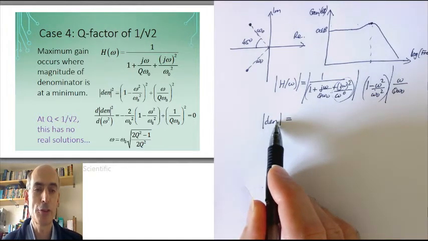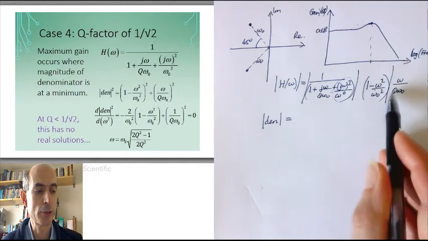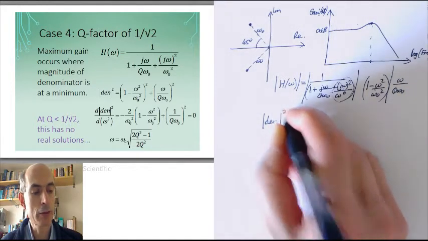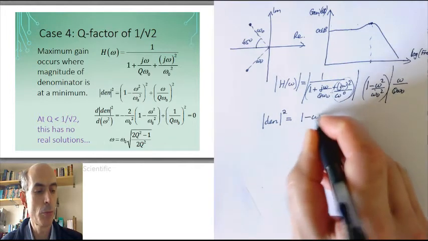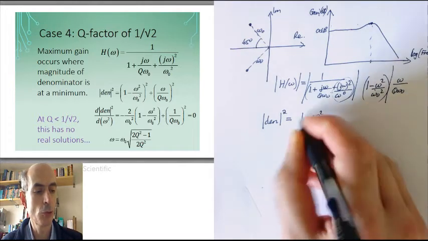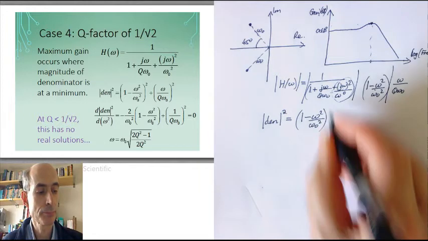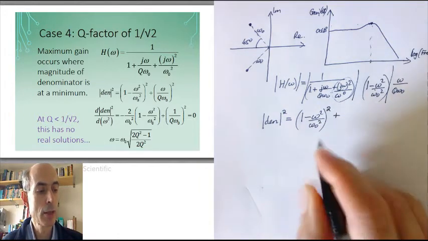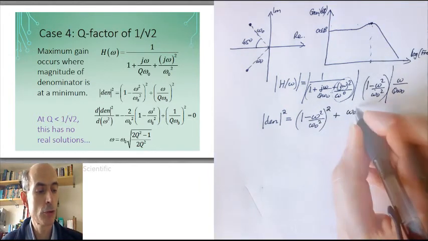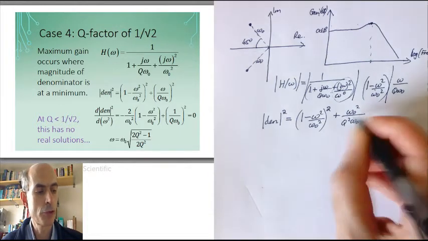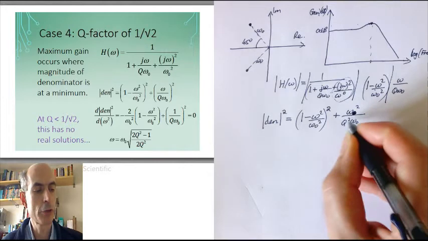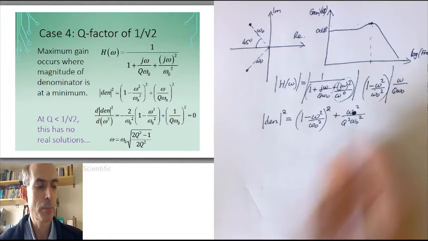It's just Pythagoras again, in a right-angled triangle. So the square of the magnitude of the denominator is 1 minus omega squared over omega naught squared, all squared, plus omega squared over Q squared omega naught squared, sorry, I said omega naught at first.